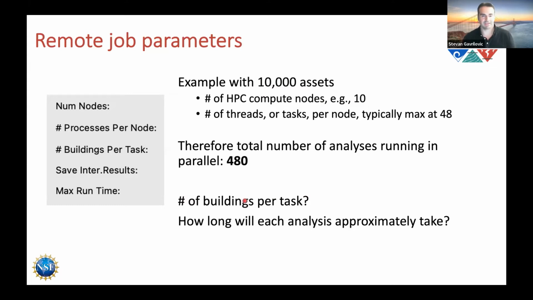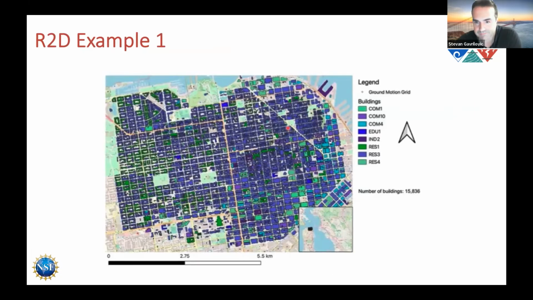So you want to use some judgment, figure out how many assets you have, how long it will take to analyze one asset, what your memory requirements are, and try to spread that out across the nodes and threads to get the most efficient use of HPC resources. So it does take some judgment. But at the end of the day, it allows you to perform really large scale analyses such as these.